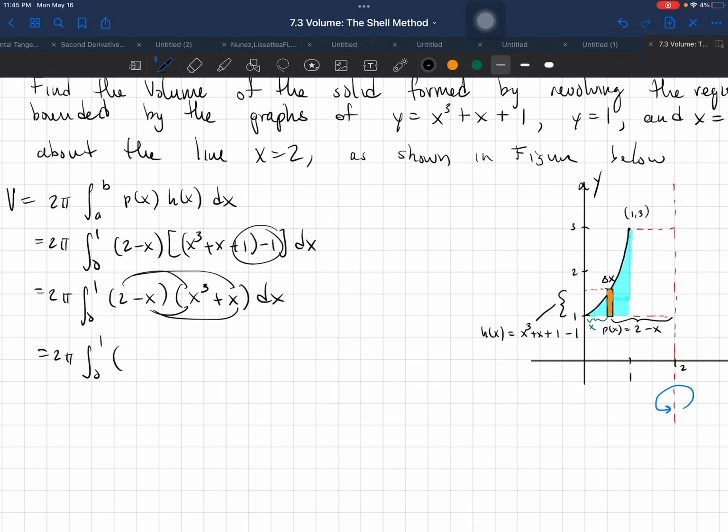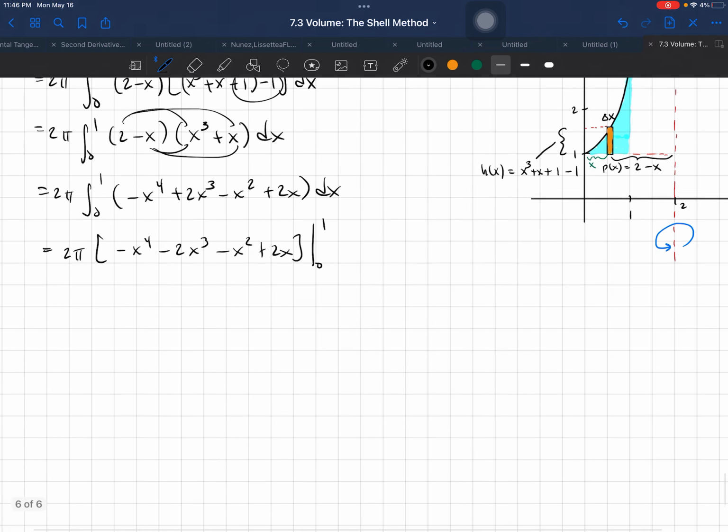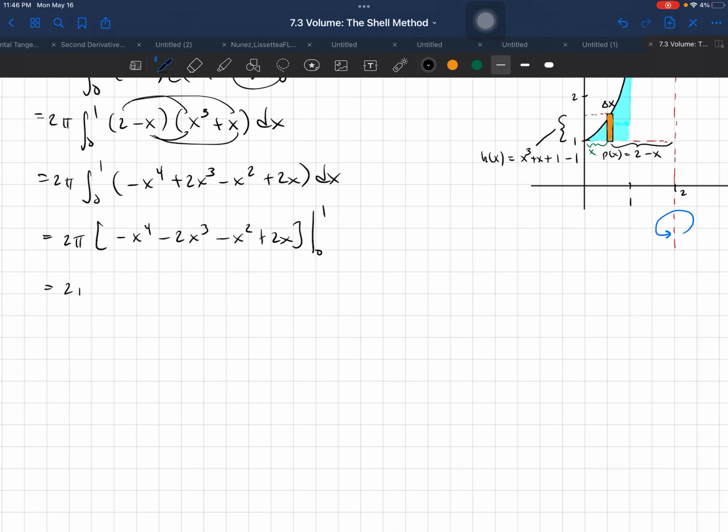For the purpose of time, I'm just going to skip that step, but I know you guys can do that. And then obviously here we have to integrate, we just have to do the power rule, from 0 to 1. Nice that I'm using 0 and 1.